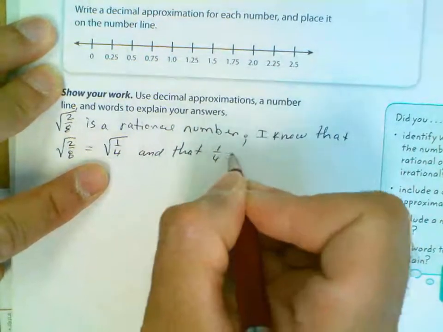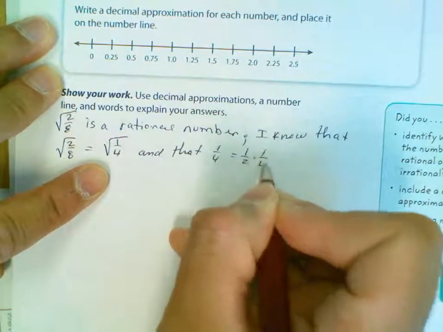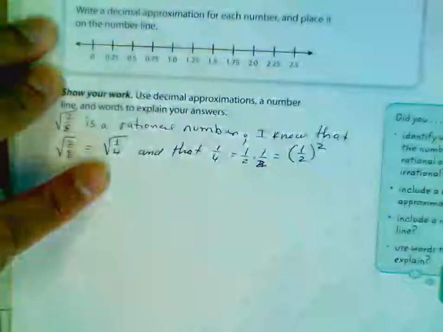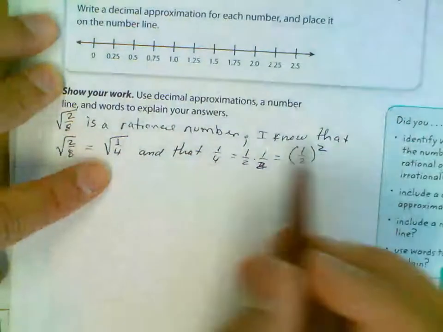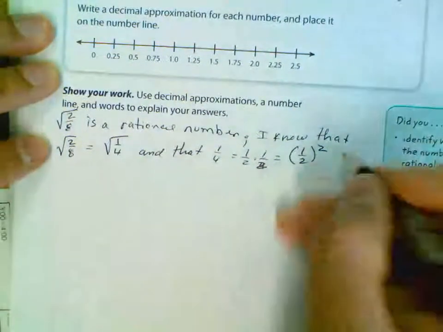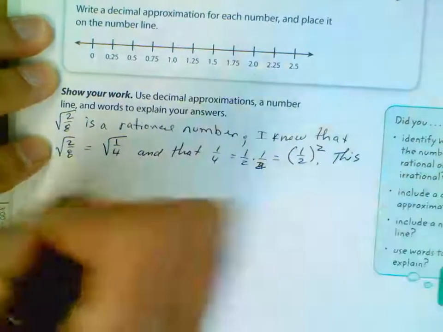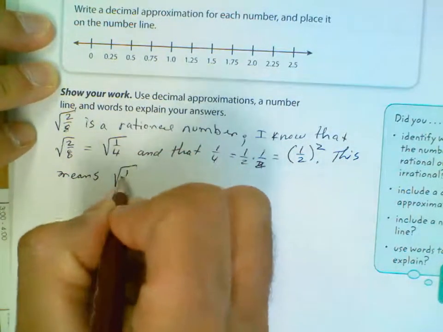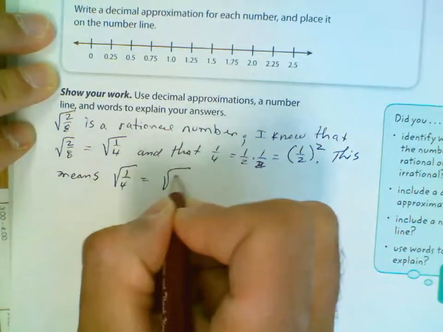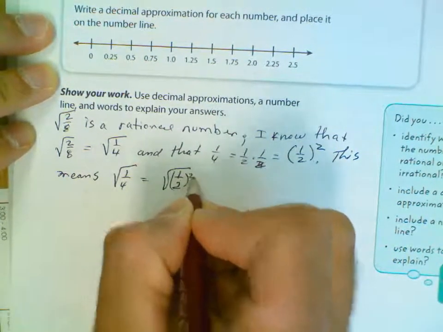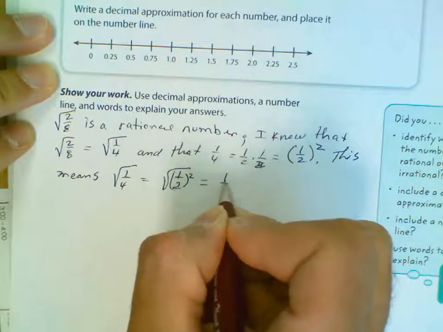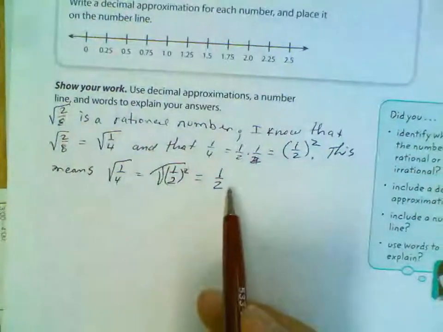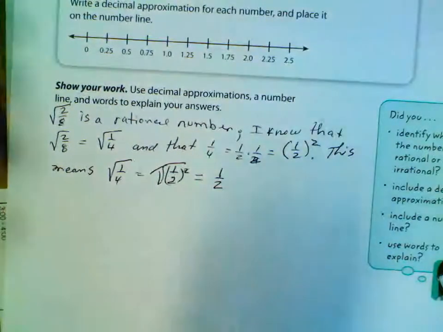That 1/4 is equal to 1/2 times 1/2, which equals 1/2 squared. So I'm using the second power to eliminate the square root. This means the square root of 1/4 is equal to the square root of 1/2 to the second power, which equals 1/2. So this square cancels the radical, so you have 1/2, which is a rational number.